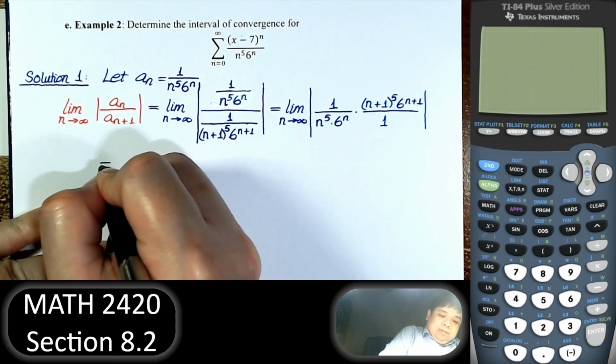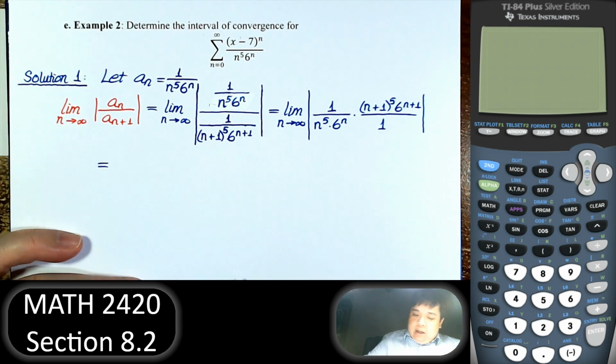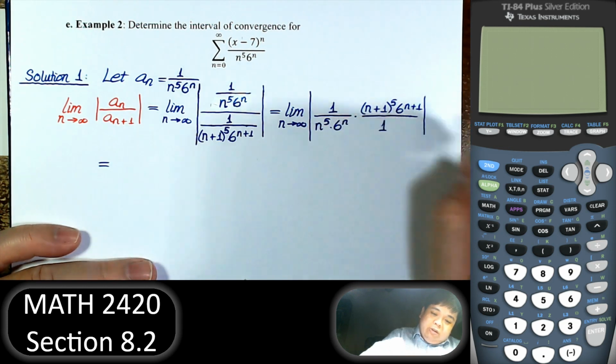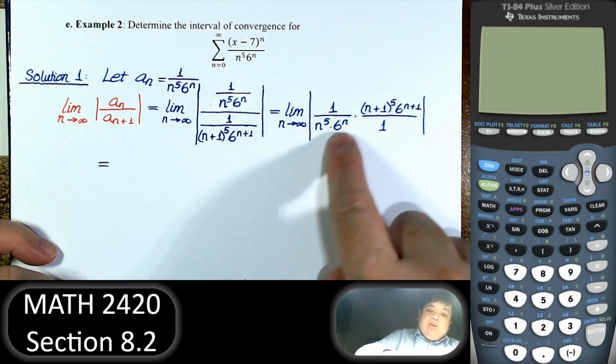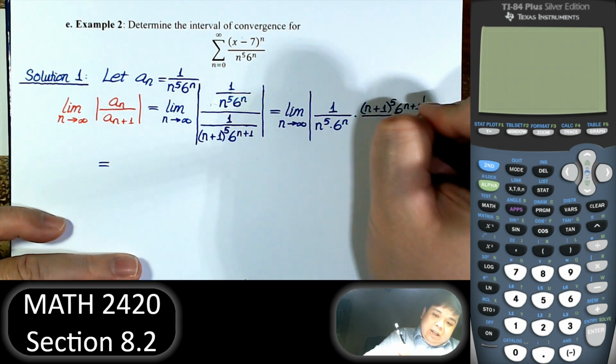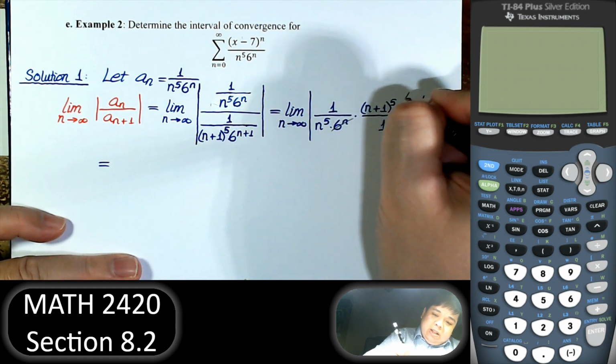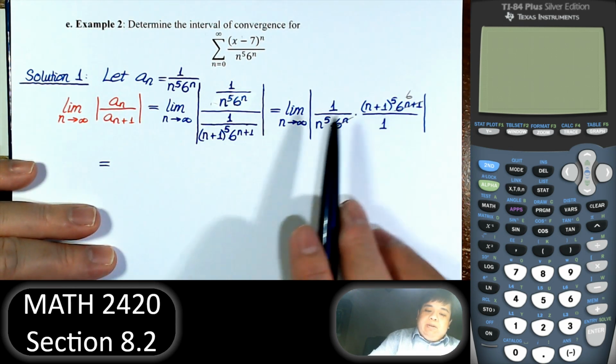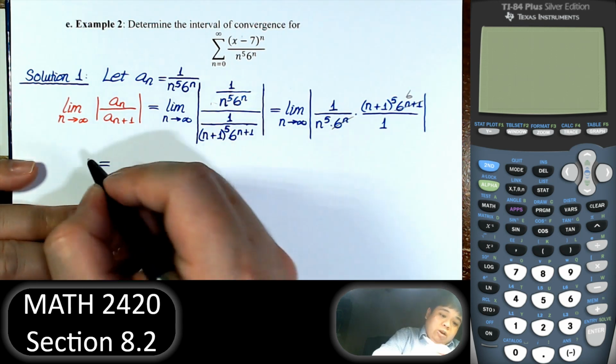Right. 6 to the n plus 1 over 6 to the n, they cancel out. And we have 6 left. And then n plus 1 to the 5th and n to the 5th, cannot really simplify that.